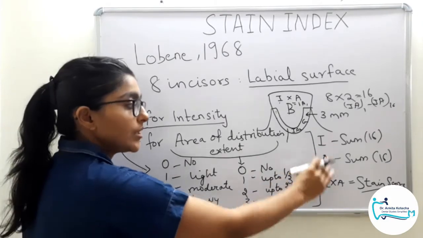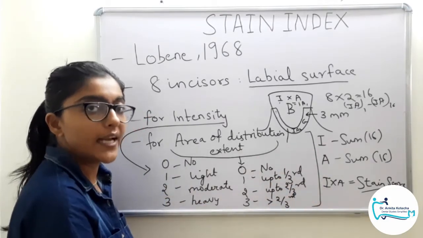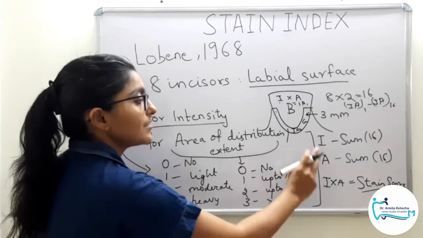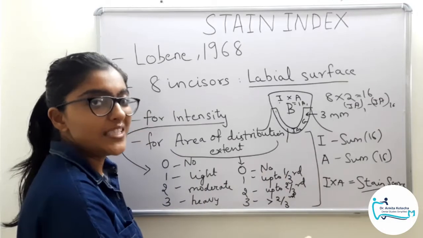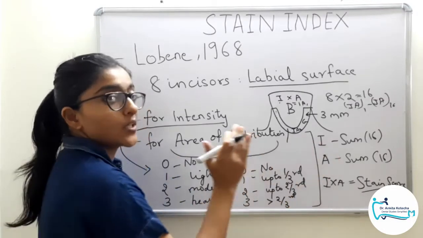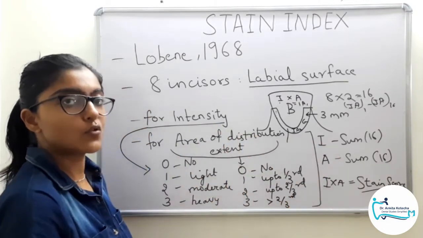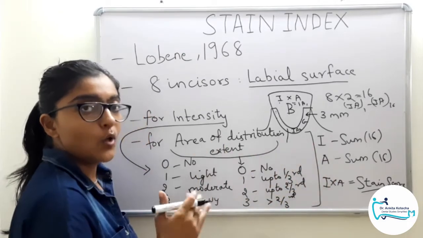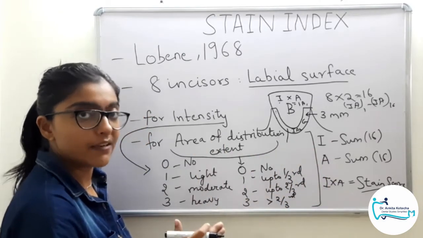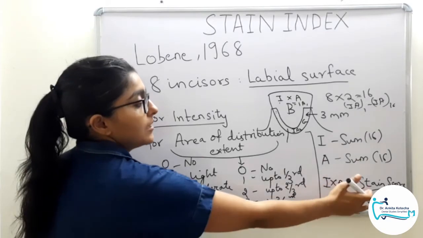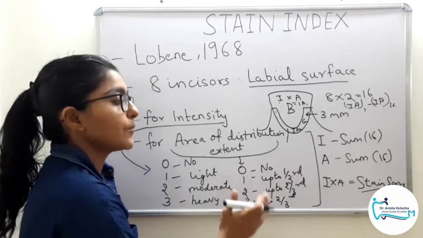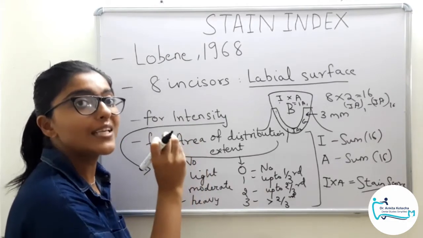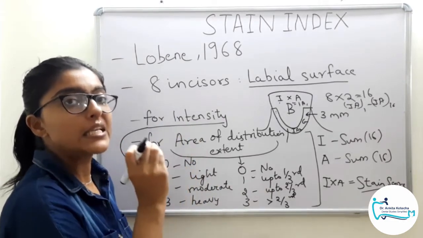So these are the 3 different values we get at the end of the computation of this index, and they denote 3 different entities. I stands for the sum of the scores of the intensity values. A stands for the sum of all the scores for the area values. And the final one, the stain score, is the product of intensity and area for the corresponding region on the corresponding surface.